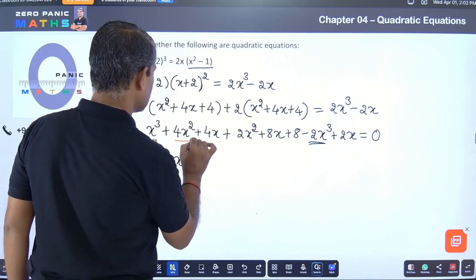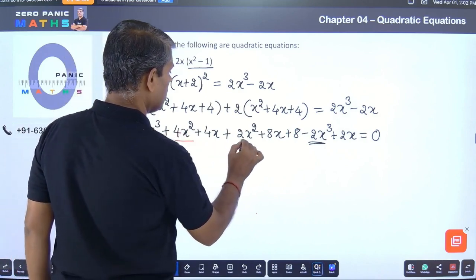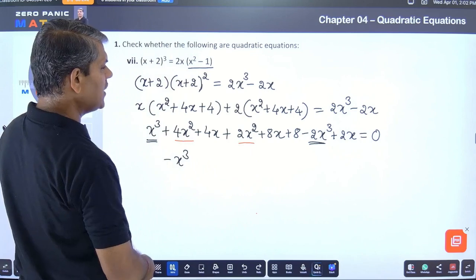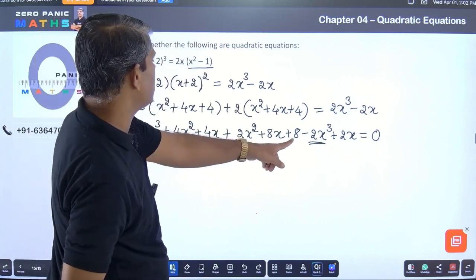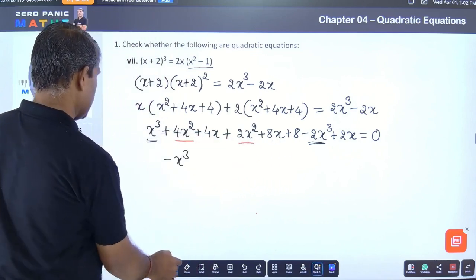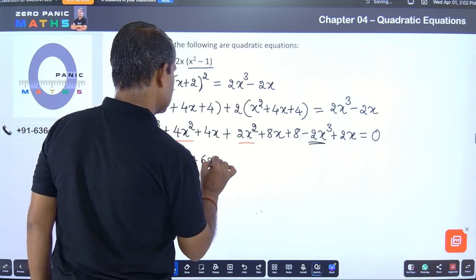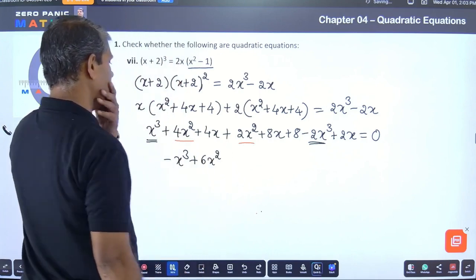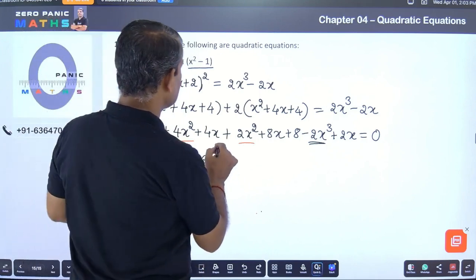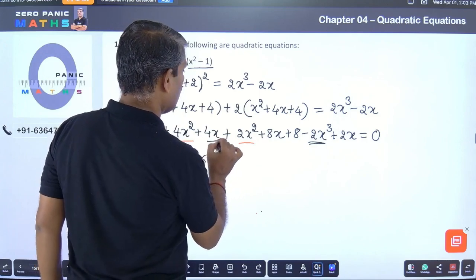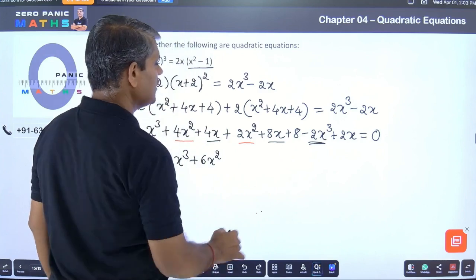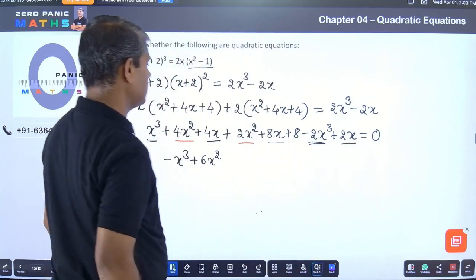Now check again the x square terms. 4x square plus 2x square, it is 6x square. Any other x square terms? No. It is 6x square then plus 6x square. Now coming to x terms, it is 4x plus 8x plus 2x.